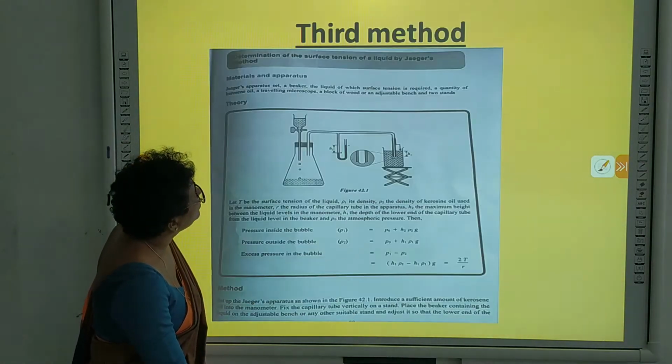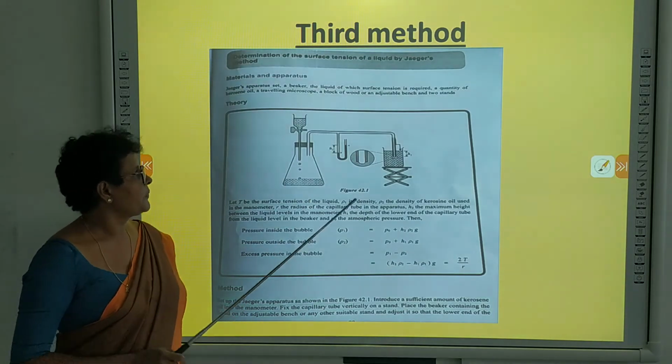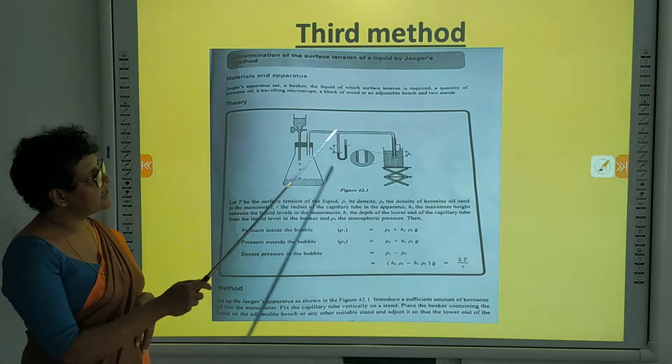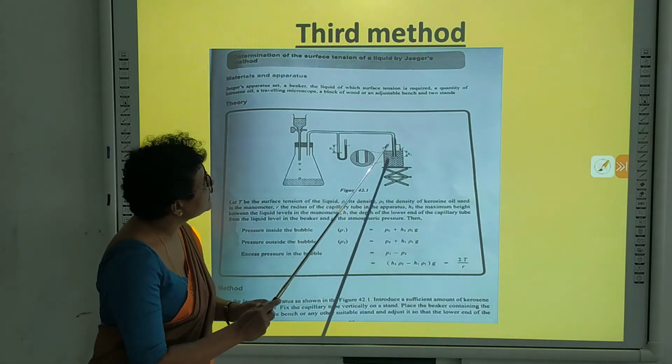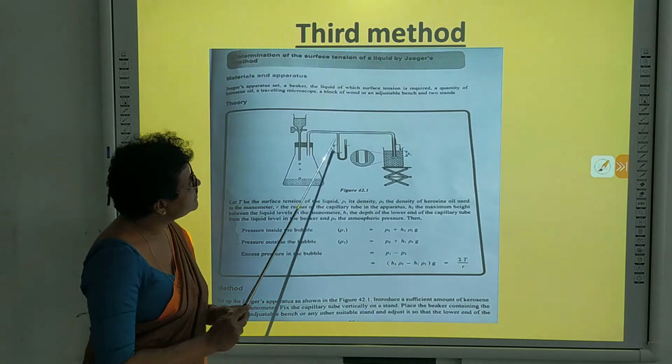Okay. Now, this is the third method, using the Jaeger apparatus. This part is called the Jaeger apparatus, and it has a manometer also.